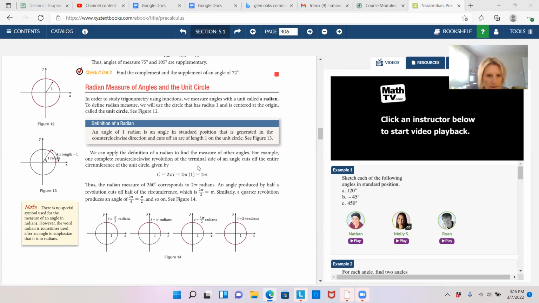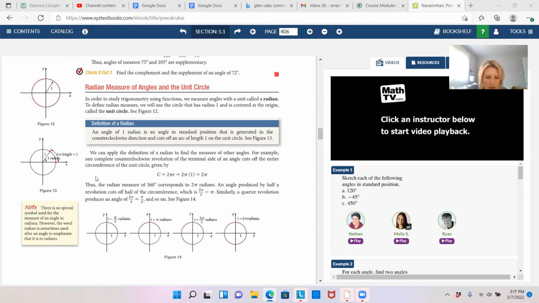So it says we can complete one counterclockwise revolution of the terminal side of an angle cuts off the entire circumference given by this. So we can say that the circumference of this circle here is equal to 2 pi r. 2 pi times your radius.